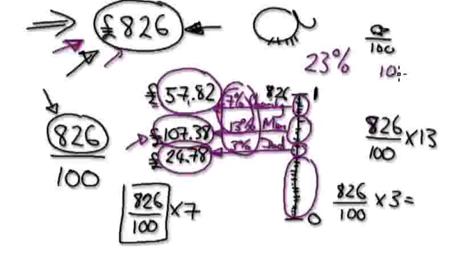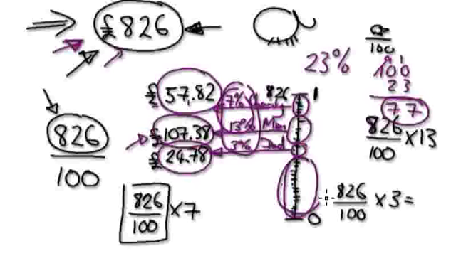So 100 take away 23. Well, anyway, you've got 77 pieces left. If you've got 100 pieces and you've given 23 pieces away to other people, you've only got 77 pieces left. So this bit here is 77.